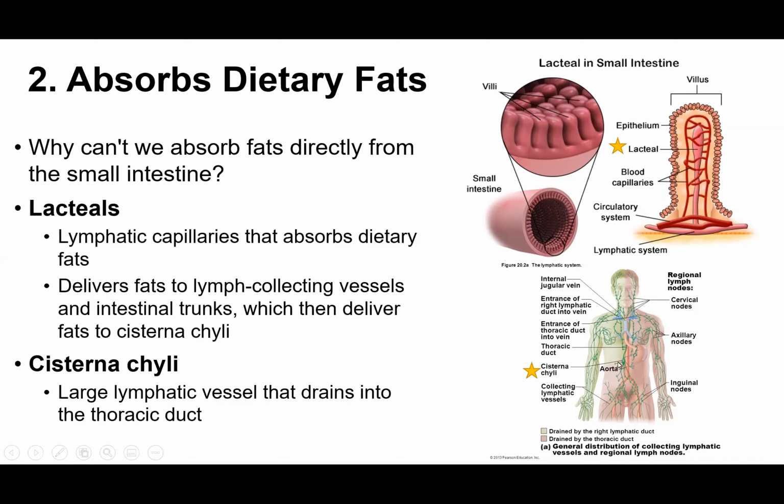And the cisterna chyli is this really, really large lymphatic vessel that eventually will go on to drain into the thoracic duct and back into the heart and to be put back into circulation. And this is how we absorb dietary fats. And so once they are put into circulation, they can be delivered to whatever structure they need to go to in order to be either stored or utilized for making energy.